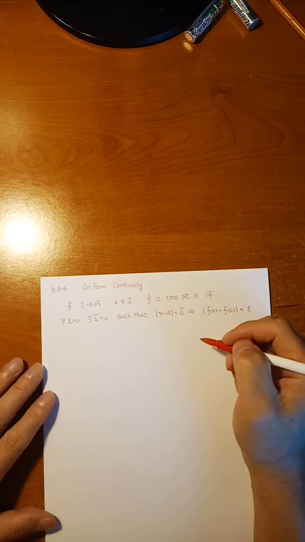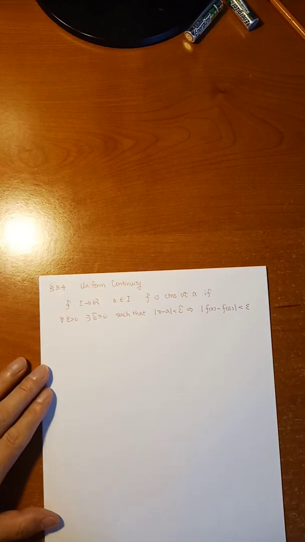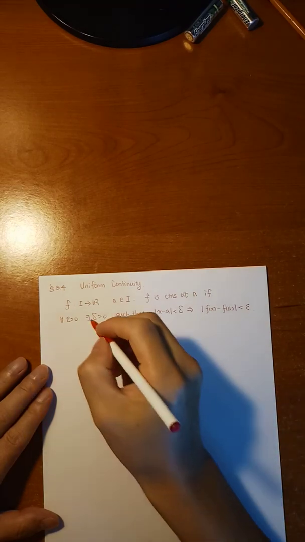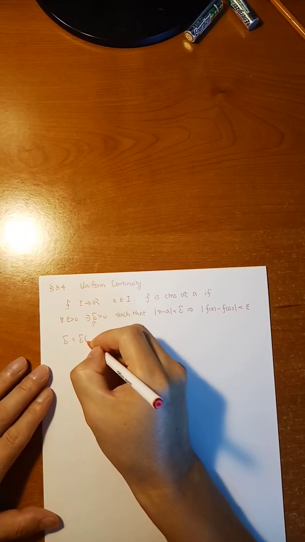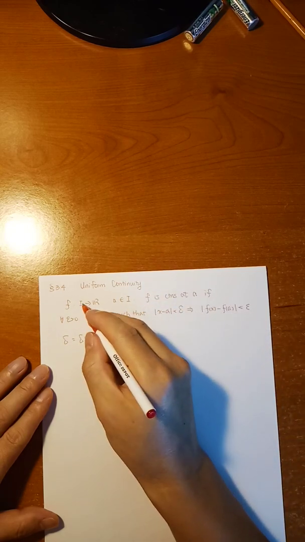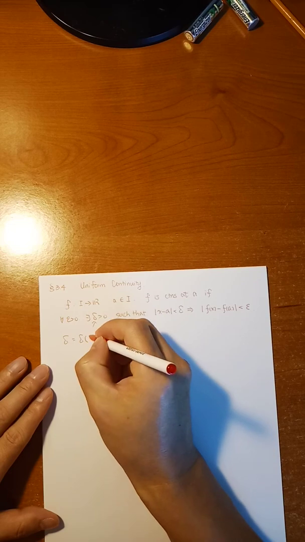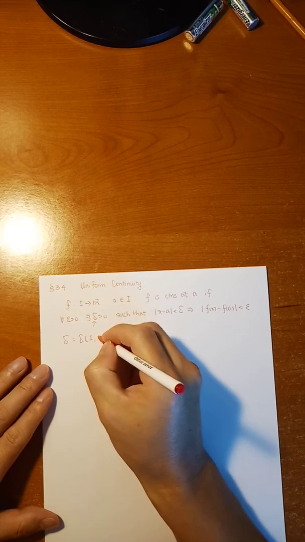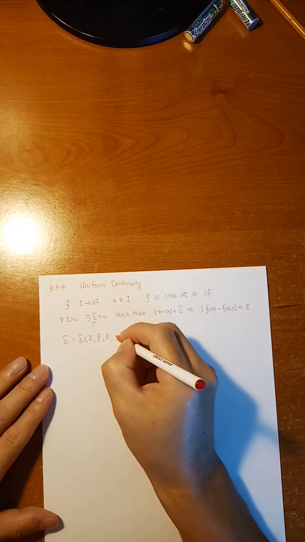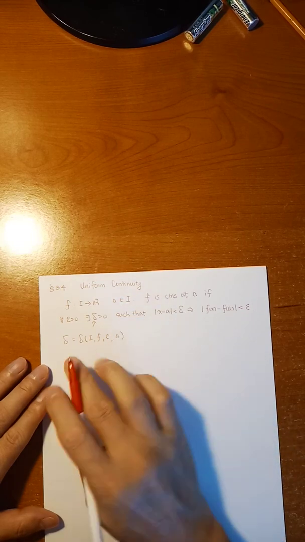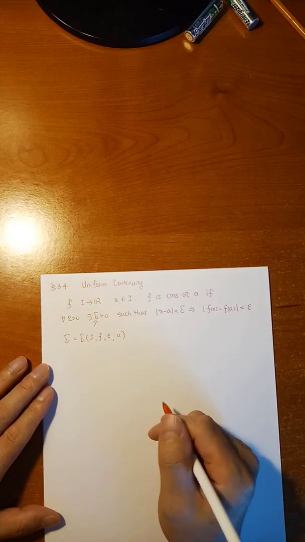And when we discuss this continuity, we actually emphasize this delta depends on all the given information. So you see here, you have domain I, you have function f, you have epsilon, you have a. So this delta is a function of all those four factors.